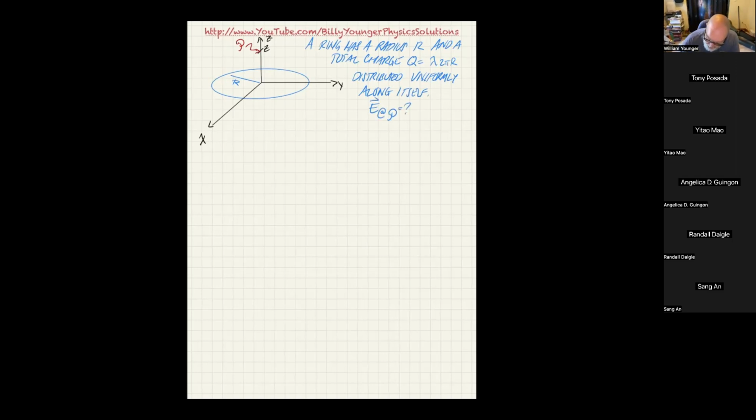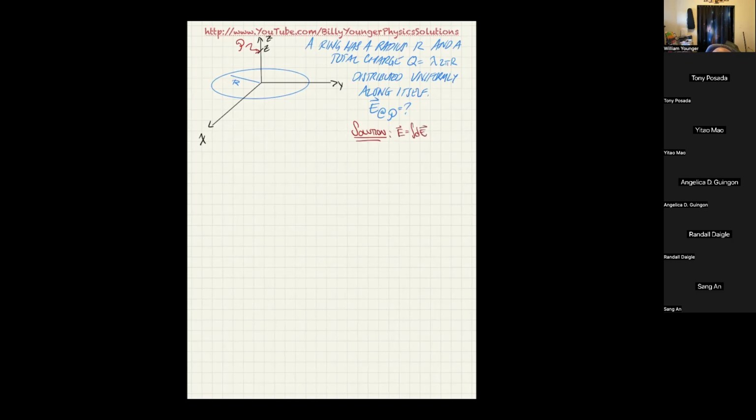I'm going to again use my formula. I think I'll work it out in red this time. So solution, I'm going to use E is equal to the integral of dE.